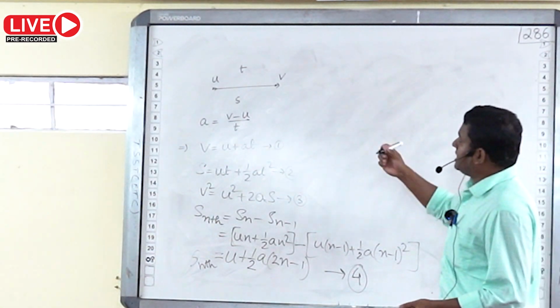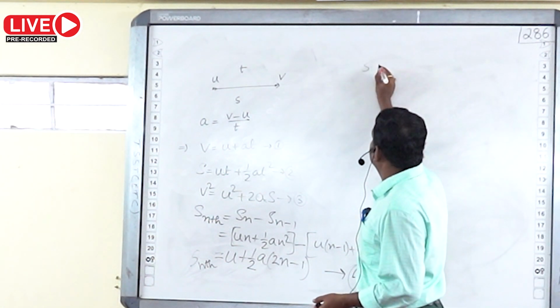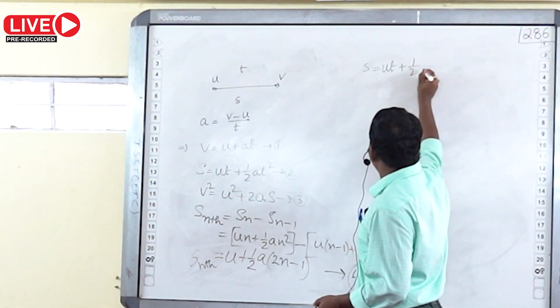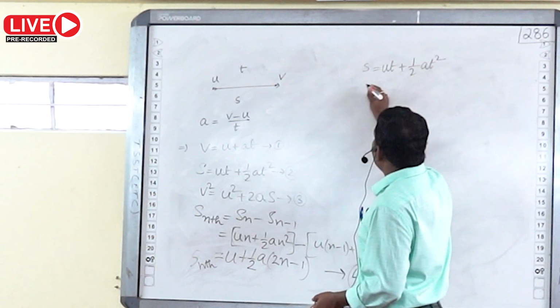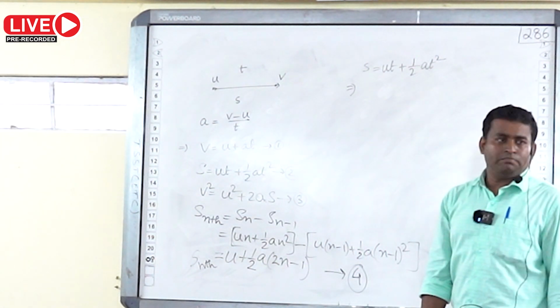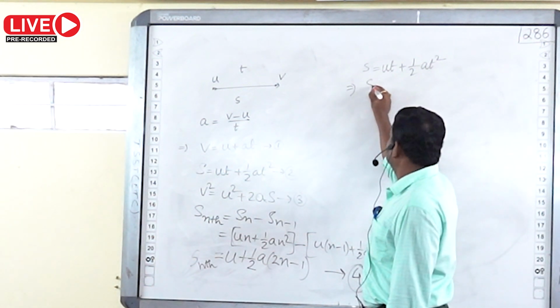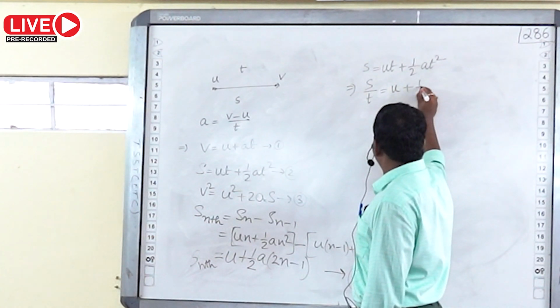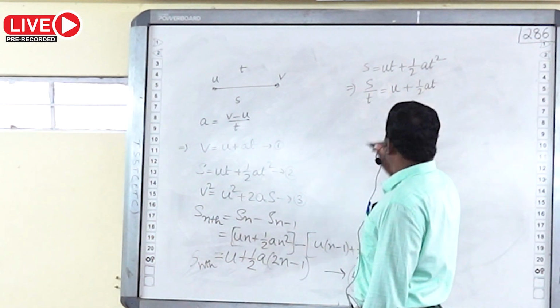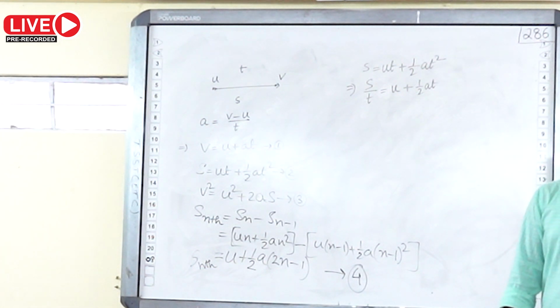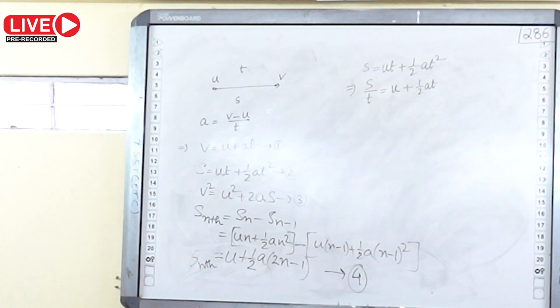If I write the second equation, I want to divide both sides of this second equation by time. So s by t equal to u plus half at. Divide both sides by time.